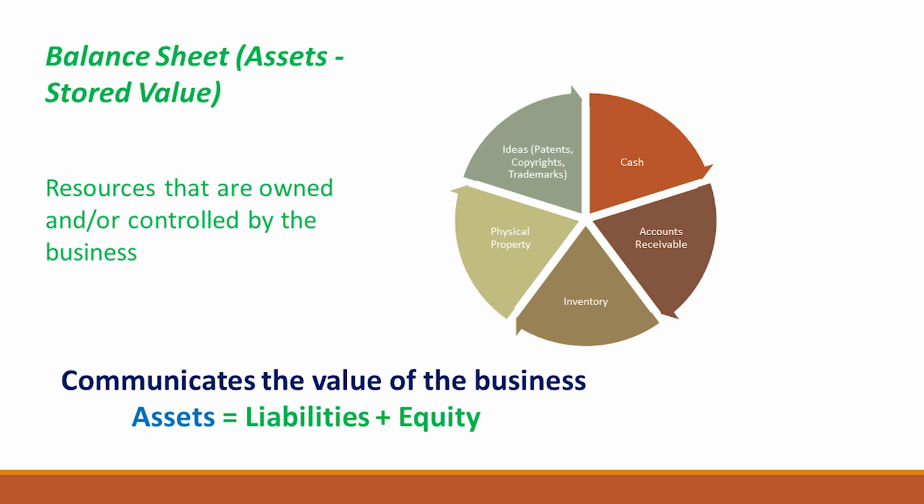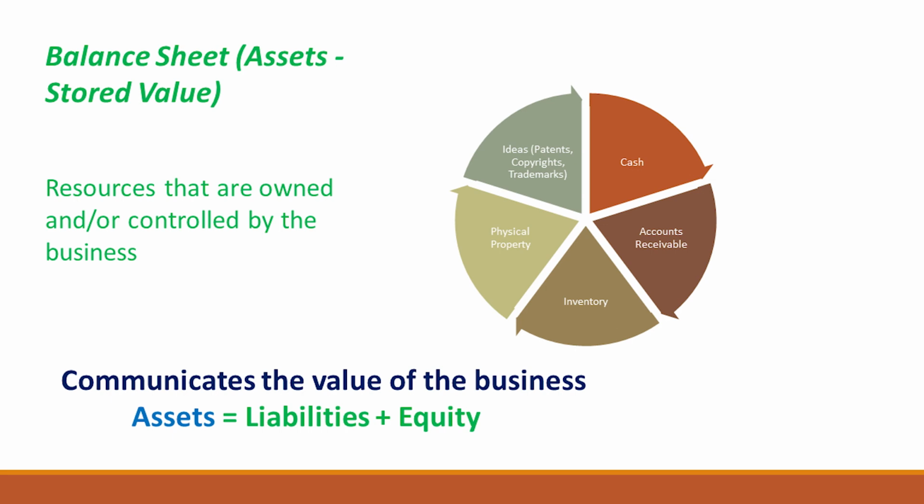So the point of the balance sheet is that it shows us what we call critical stored value. It shows us our assets, and it shows us where our assets are in terms of where we've been spending our money. Is most of our assets in the bank, meaning it's a bank account? Is it being spent on inventory? Is it tied up in accounts receivable? Is it tied up in some physical property?